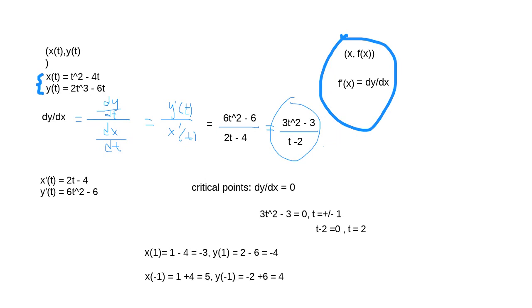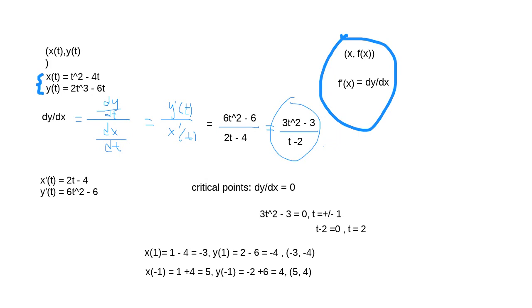So we get a second point. The first point, I should write, is negative 3, comma, negative 4 at t equals 1. At t equals negative 1, we get 5, comma, 4. Lastly, we have t equals 2.